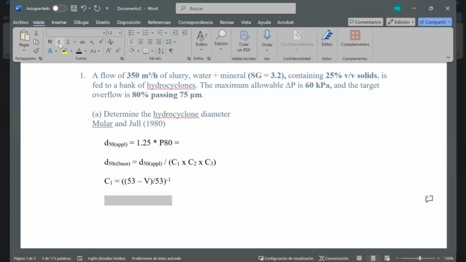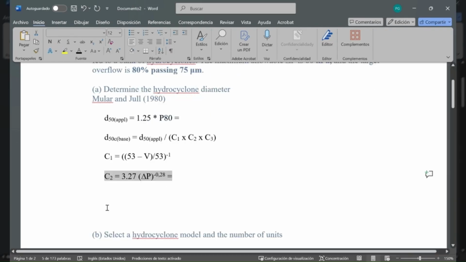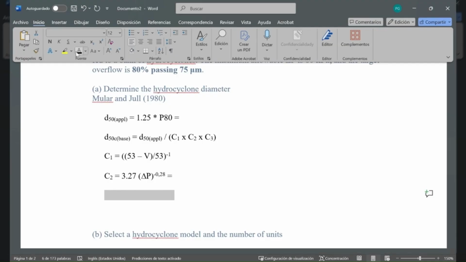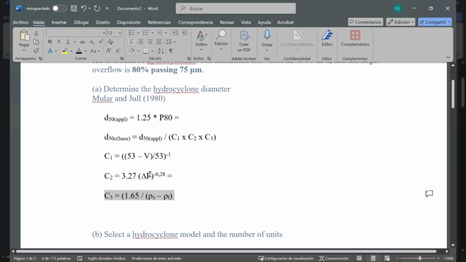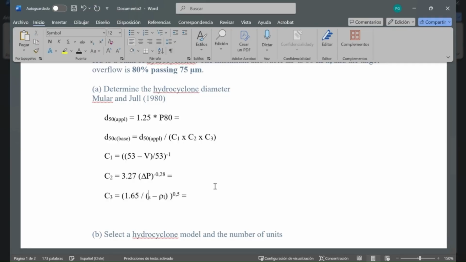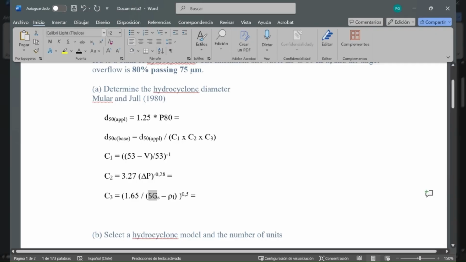Then we have C2, and then we have C3. Delta P here is the pressure drop, and this formula is incomplete. The C3 factor is 1.65 divided by the specific gravity of the solid minus the specific gravity of the liquid, all to the power of 0.5.